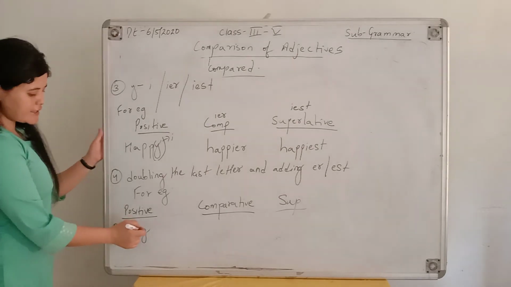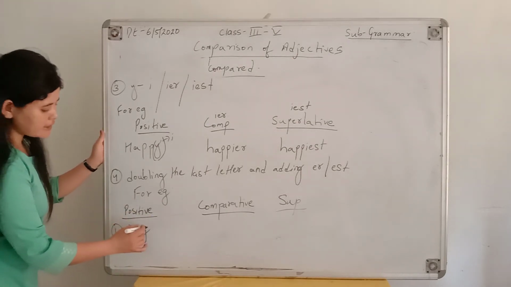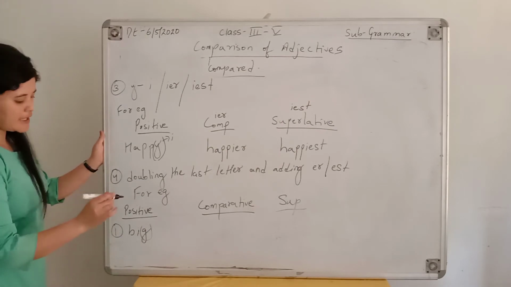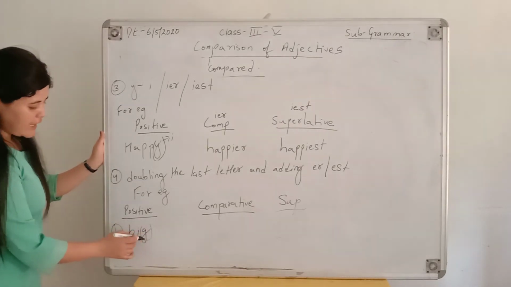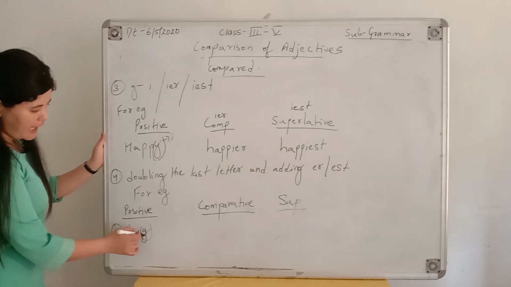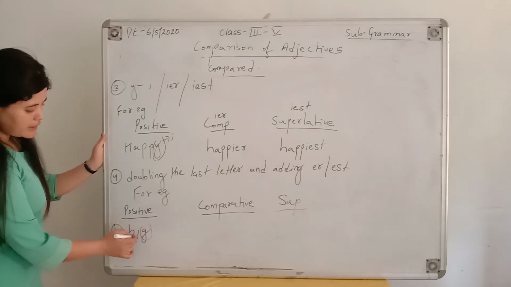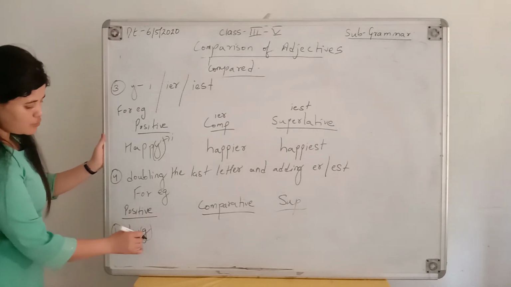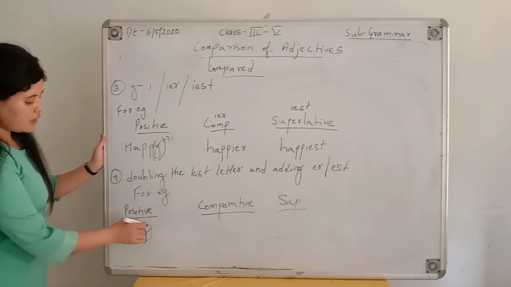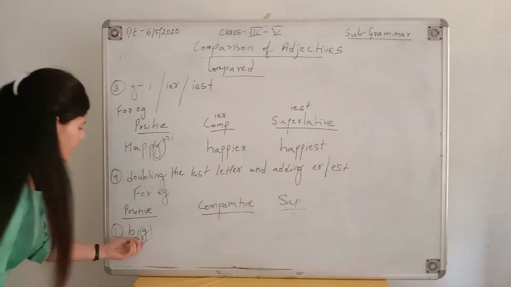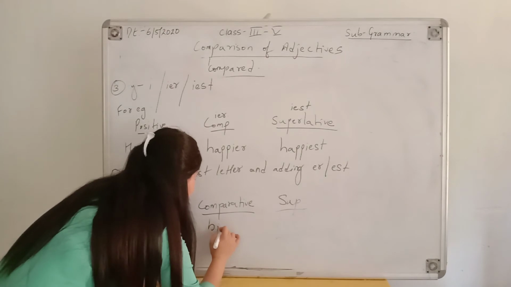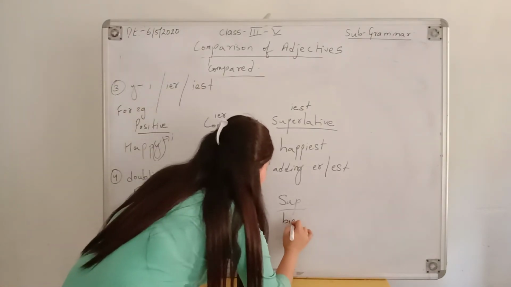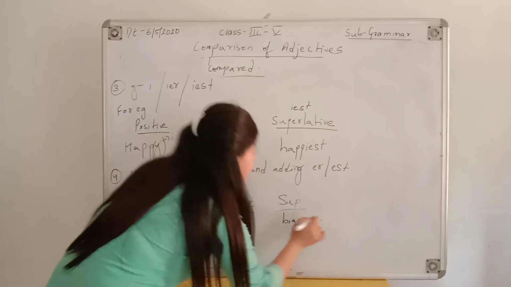In this case, we will double the last letter. How are we going to double it? If your word is ending with a consonant, and before the consonant your letter is a vowel, then we have to double the last letter. For example, big: in comparative it will become bigger, and in superlative it will become biggest.